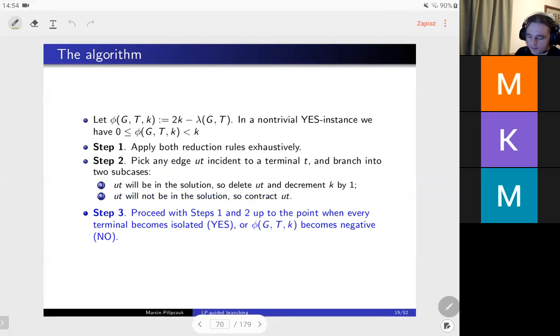After branching, in the next recursion we again apply reductions and branch, and stop when the lower bound exceeds our budget. Then we say there's no solution because the lower bound is larger than our budget.